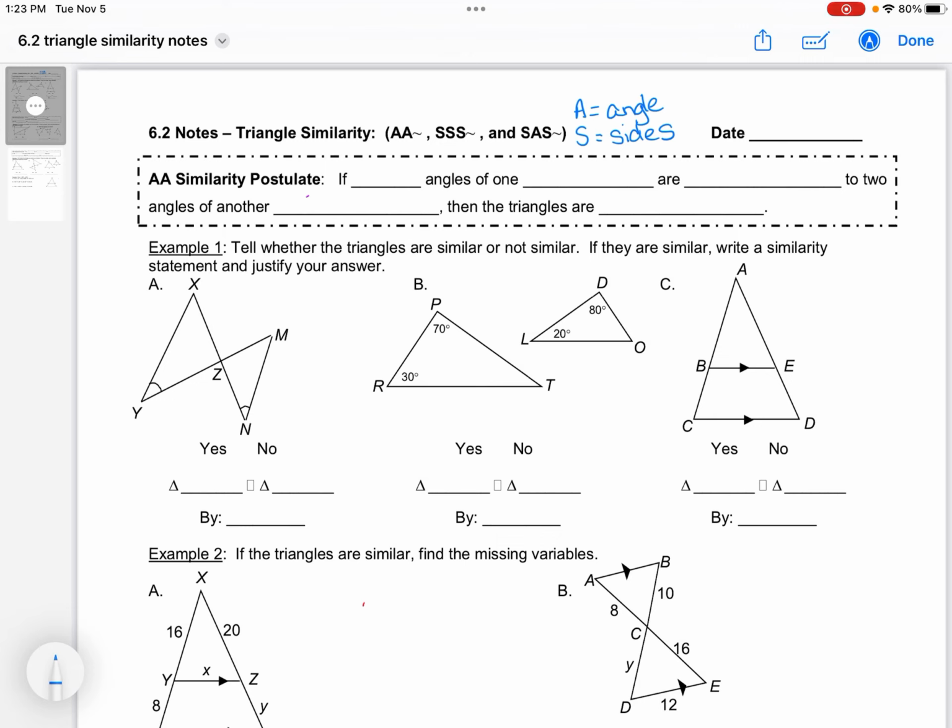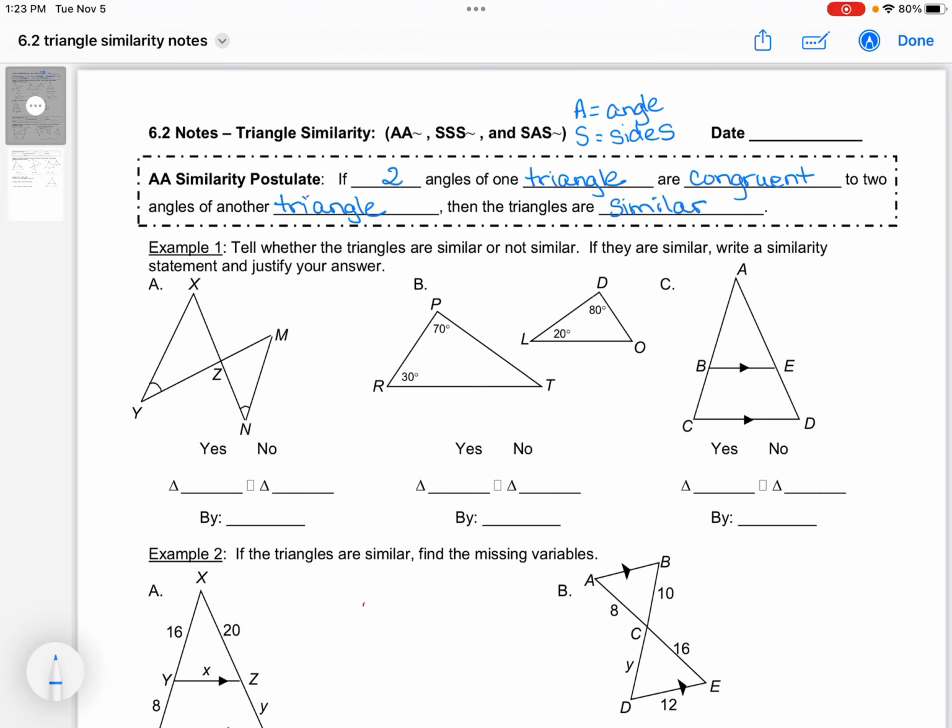Okay, if two angles of one triangle are congruent, so they're equal, to two angles of another triangle, then the triangles are similar. We don't know if they're the same size, but they're going to be the same shape.